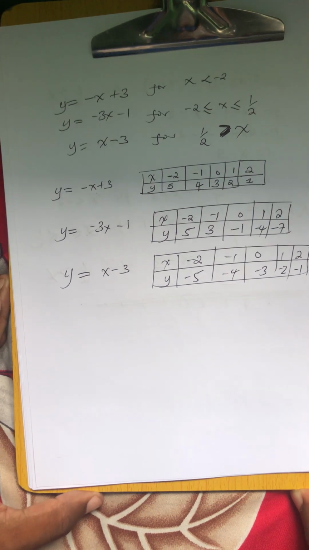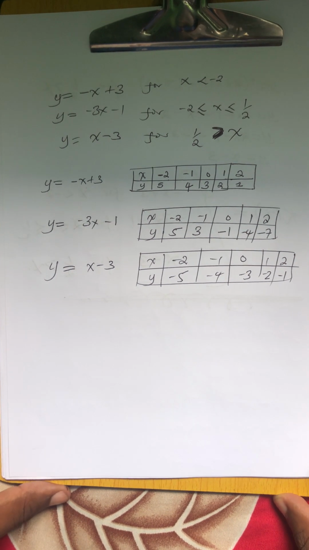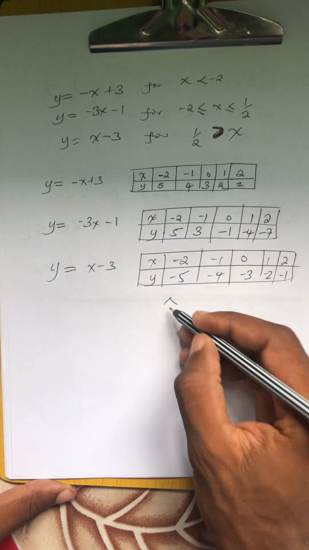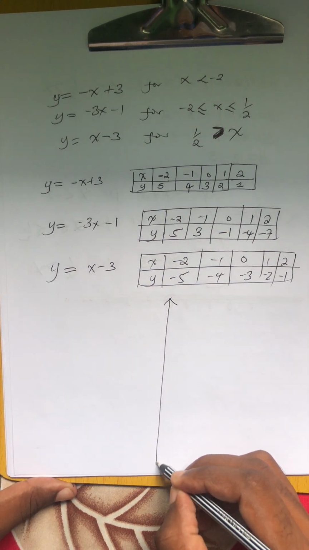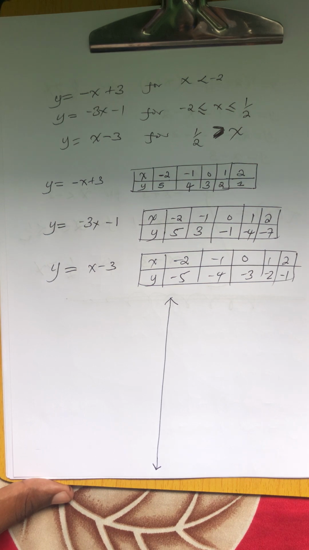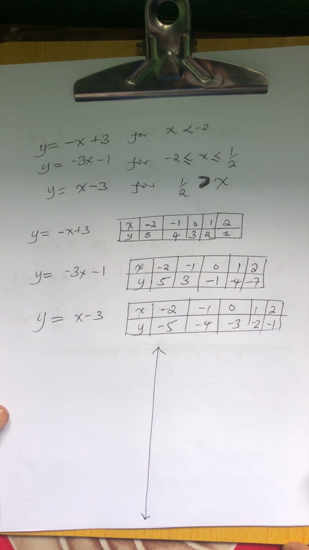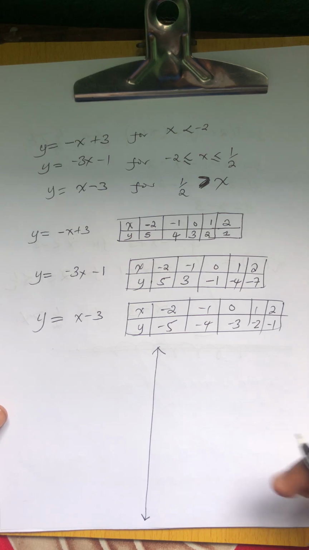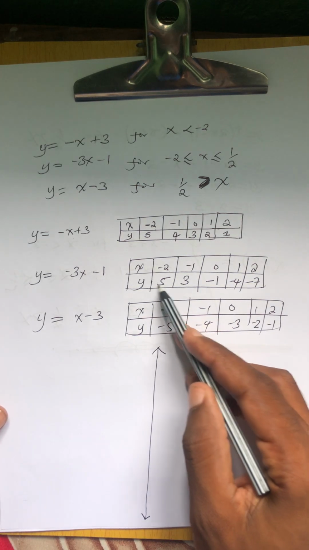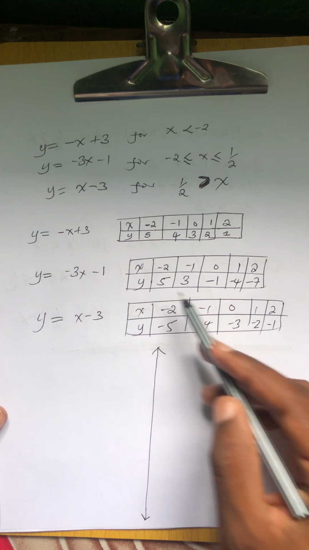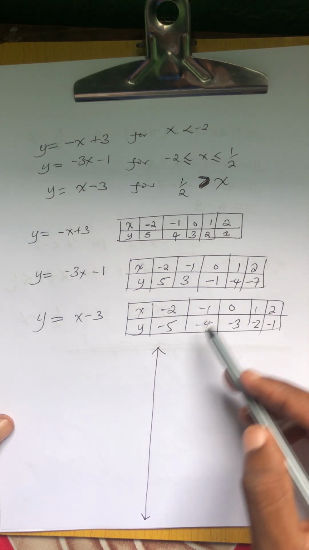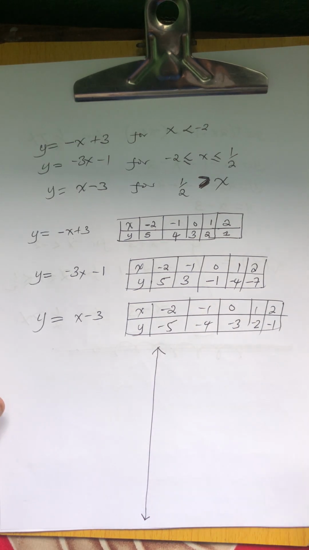Then from there now, we sketch. So the highest value, according to the positives in the y, is 5. Then to the negatives, it's 7. Then for x, it's just 2.